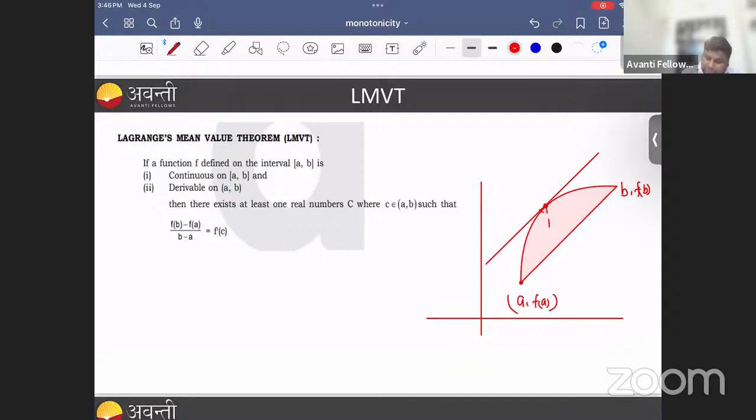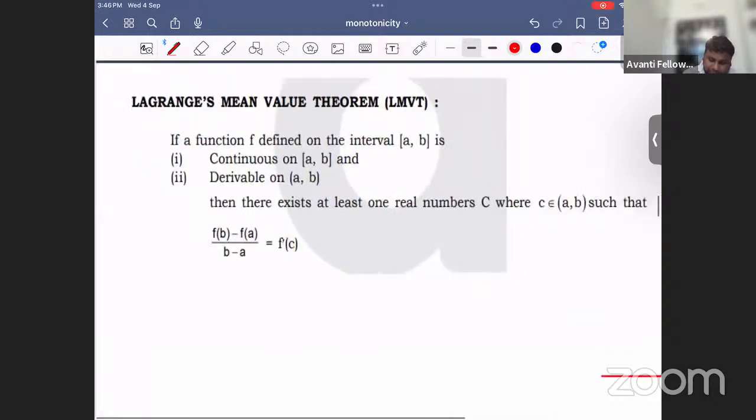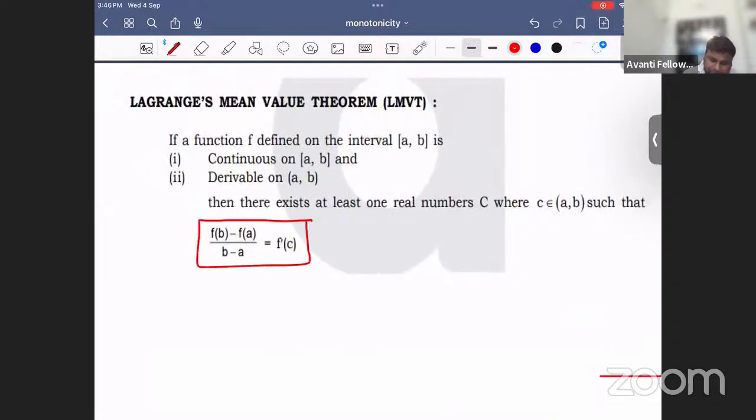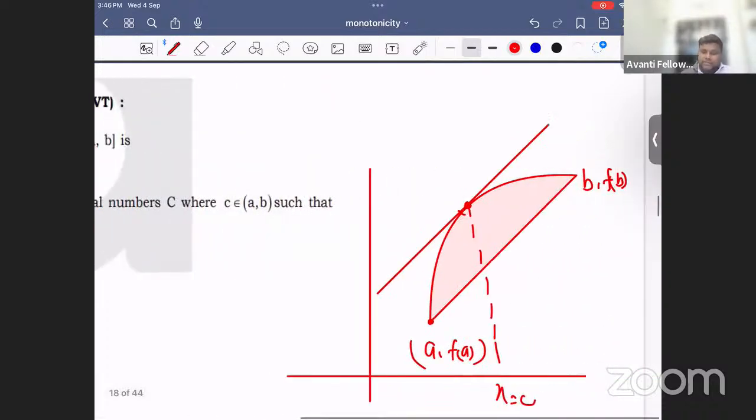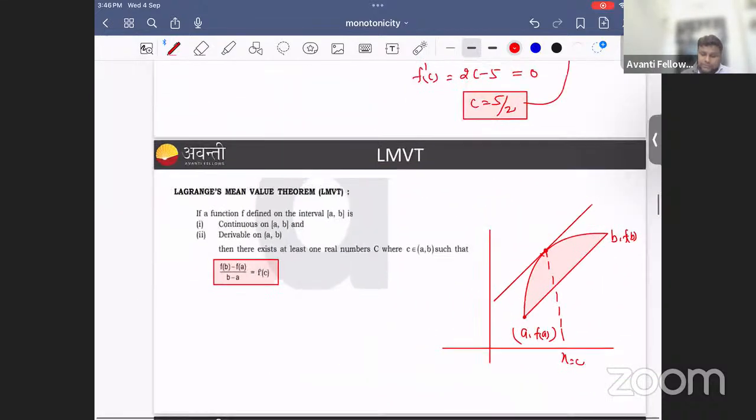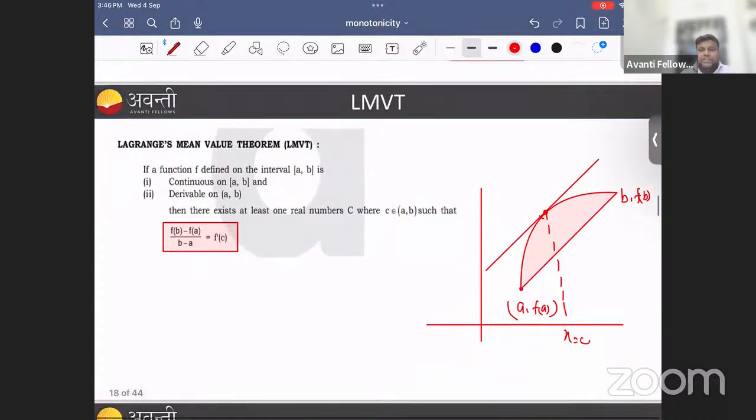So if this is the point C where f dash C is equal to f b minus f a upon b minus a. Got it? f dash C is equal to f b minus f a upon b minus a. Fine.